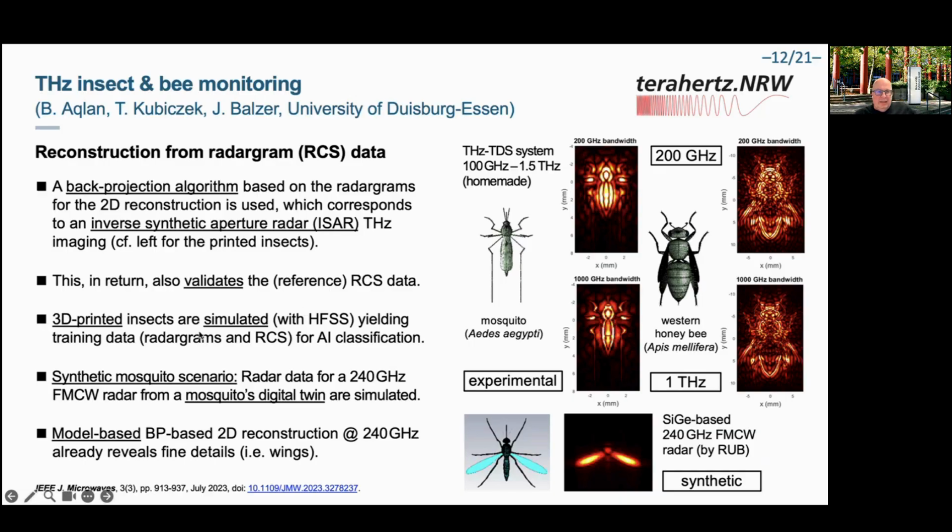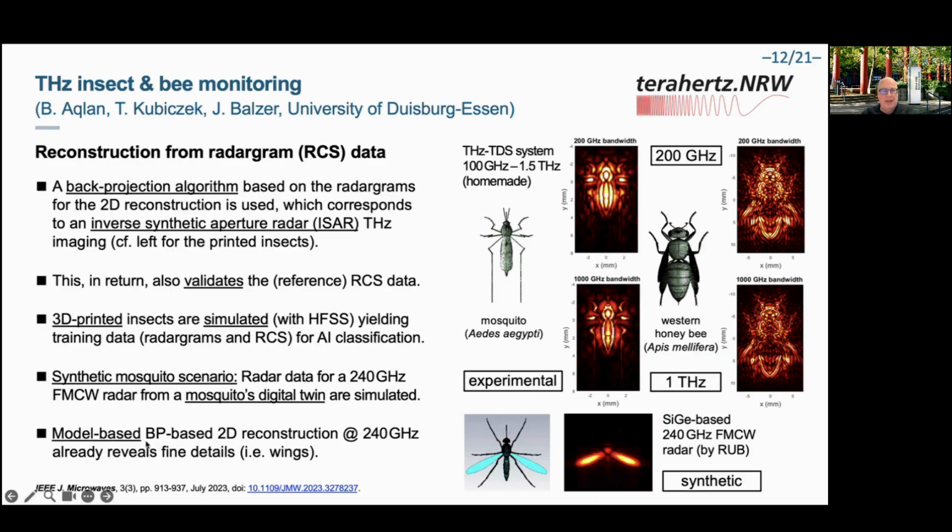On the other hand, these radar cross sections are also simulated, as mentioned before, within an HFSS simulation platform in order to extend the training data for an artificial intelligence-based classification system. To show reconstruction for the 240 gigahertz FMCW radar, they carried out a model study, a simulation study, where they used the digital twin of a mosquito.